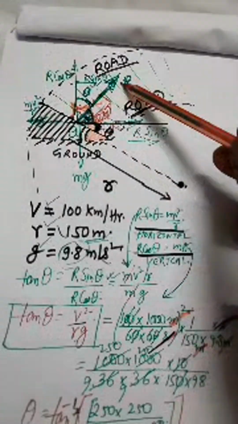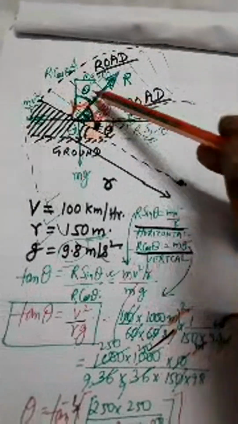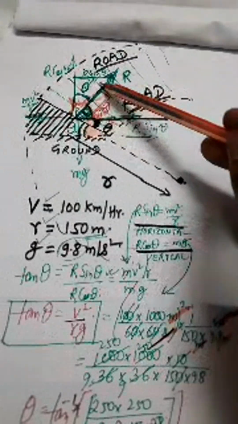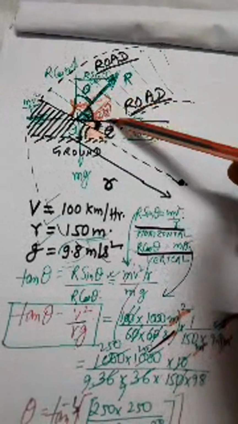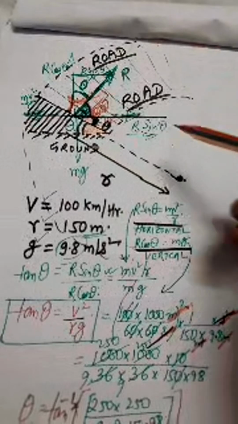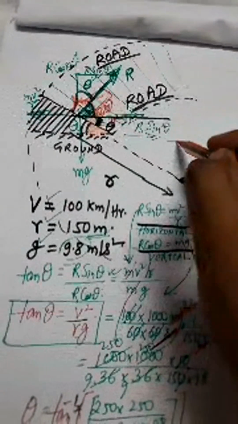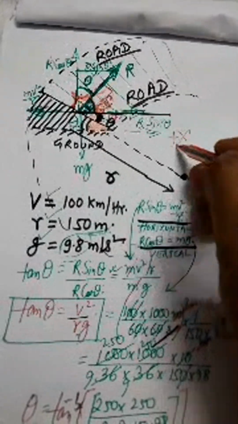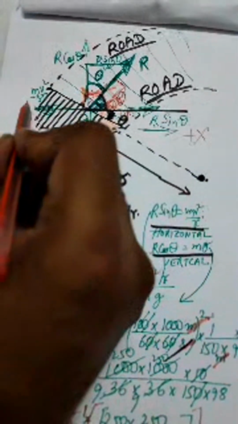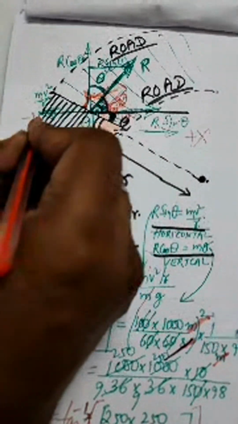Now this normal reaction R can be broken into its components R cos theta and R sin theta. R cos theta will be acting upward, and R sin theta will be acting inward towards the circle. So R sin theta is the horizontal component acting towards the plus x direction, and here mv square by r is the centrifugal force acting in the minus x direction.